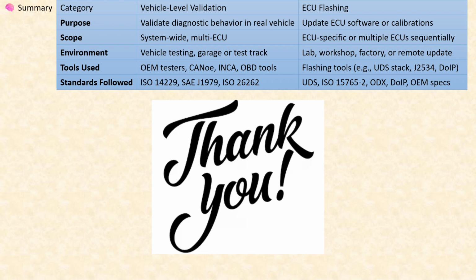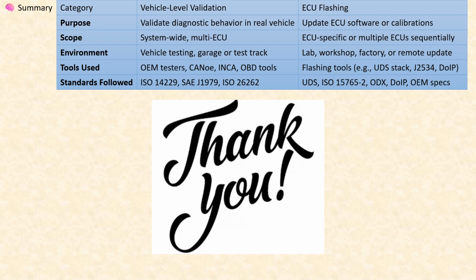So to summarize, we already spoke about the purpose, the scope, and the environment. For example, the environment is vehicle testing, garage or test track, and ECU flashing, lab, workshop, factory or remote update. Tools are OEM testers, CANoe, INCA, OBD tools, flashing tools, OBD stack, J2534, and data over internet protocol.